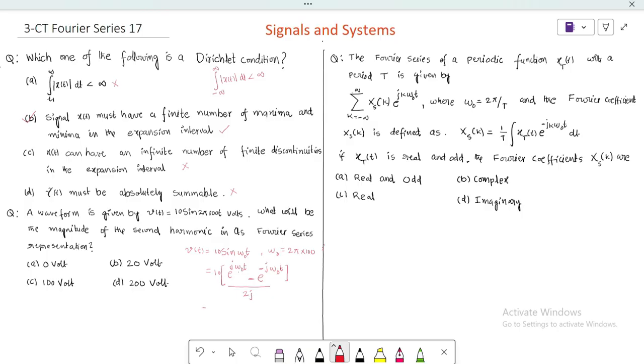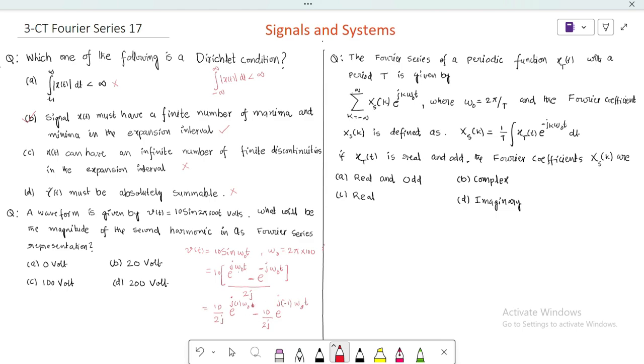In expansion, 10 by 2j e power j into 1 into omega naught t, minus 10 by 2j e power j into minus 1 into omega naught t.